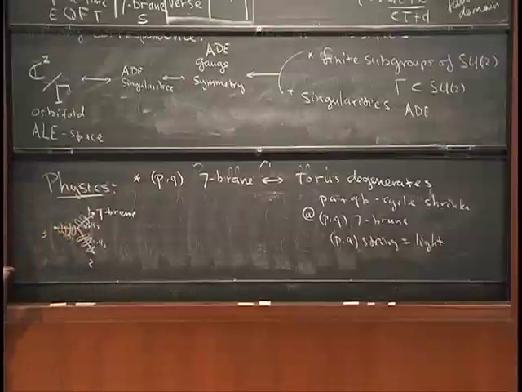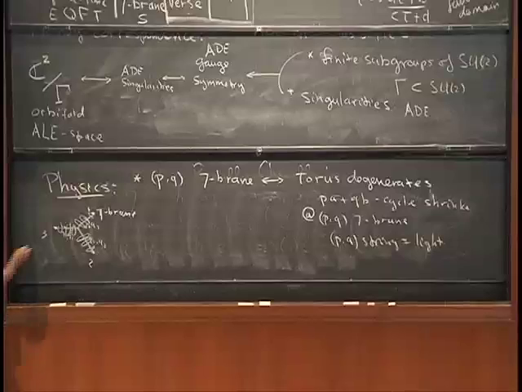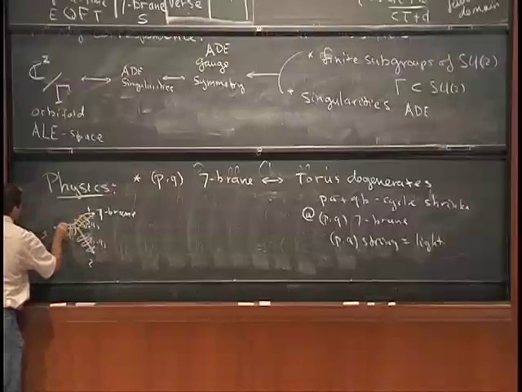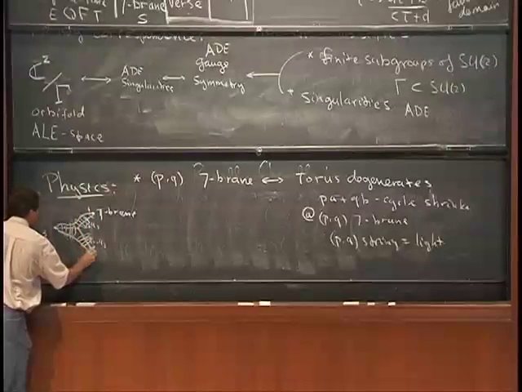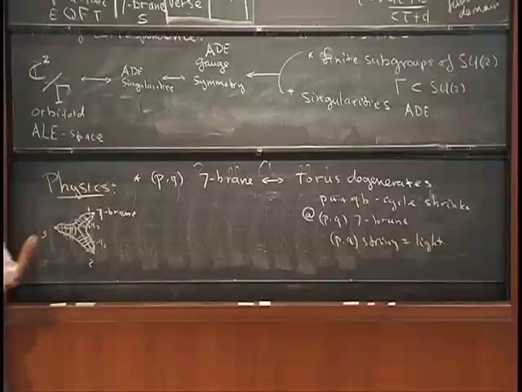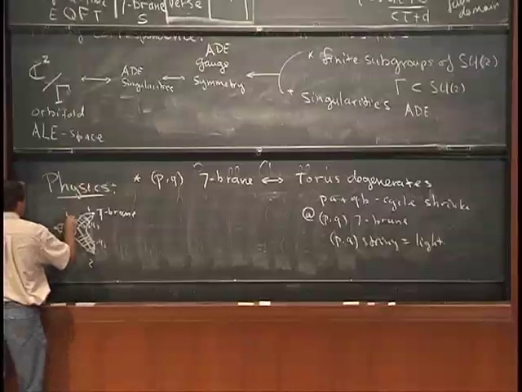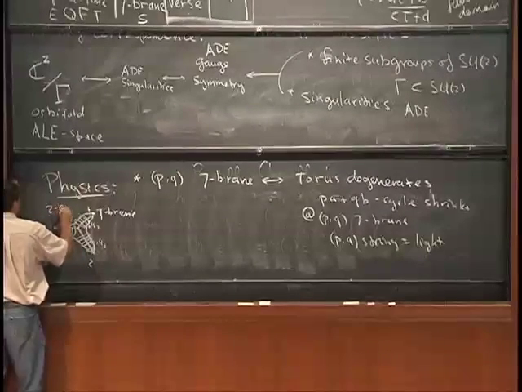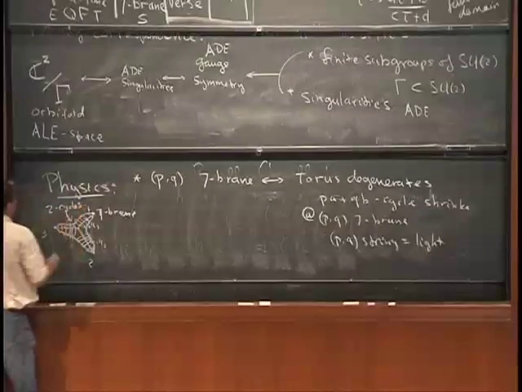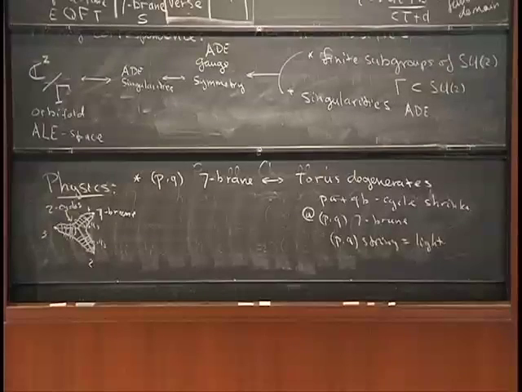Because of the junction condition, those 3 cycles combine into a nice cycle, a 2-cycle that looks like that. So the singularity indeed has a bunch of these 2-cycles associated with it, and again, I can wrap a membrane around it.